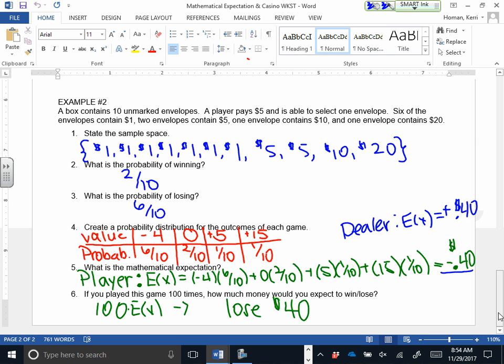Now, what would it mean if our mathematical expectation were to be 0? Okay, if our mathematical expectation is 0, then both the dealer and the player, they're just breaking even. Okay, some of you may want that for the game that you create. I don't know. Okay, these are things to think about. All right.